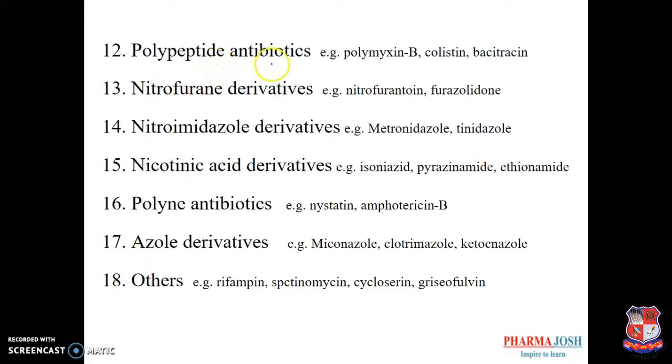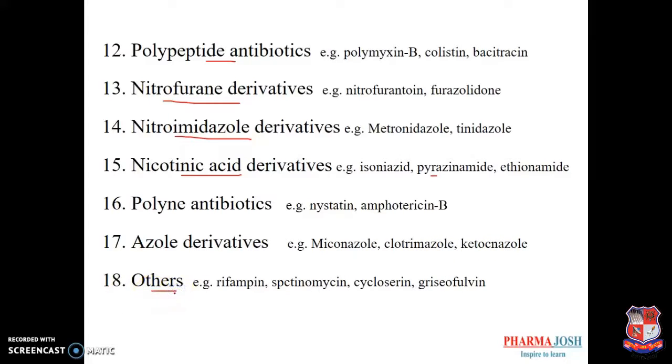Next, polypeptide antibiotics: polymyxin B, colistin and bacitracin. Nitrofuran derivatives: nitrofurantoin and furazolidone. Nitroimidazole derivatives: metronidazole and tinidazole. Nicotinic acid derivatives: isoniazid, pyrazinamide, ethionamide. Polyene antibiotics: nystatin and amphotericin B. Azole derivatives: miconazole, clotrimazole, ketoconazole.